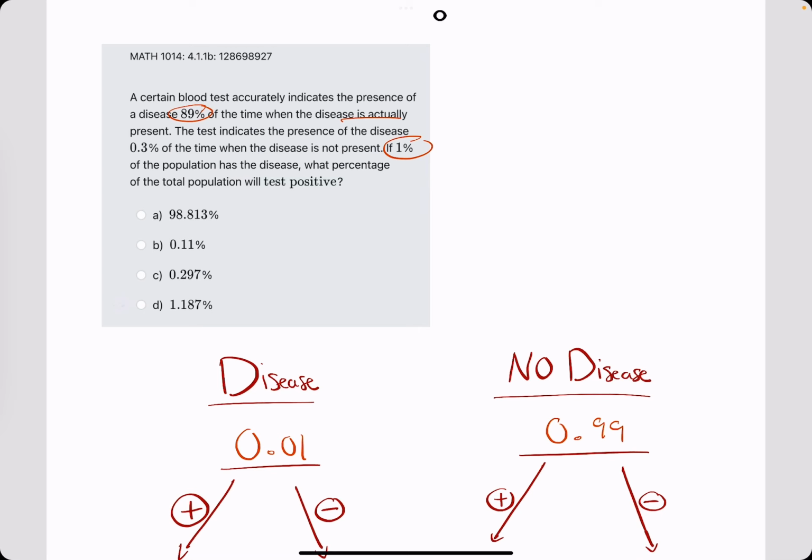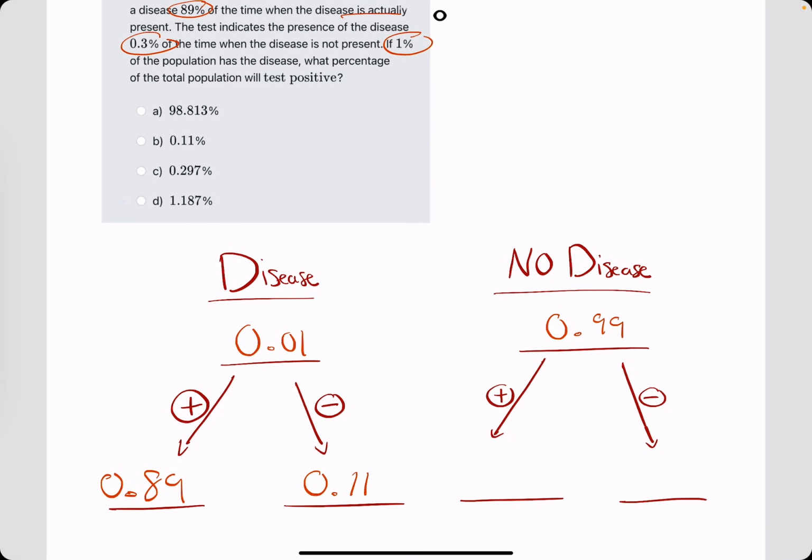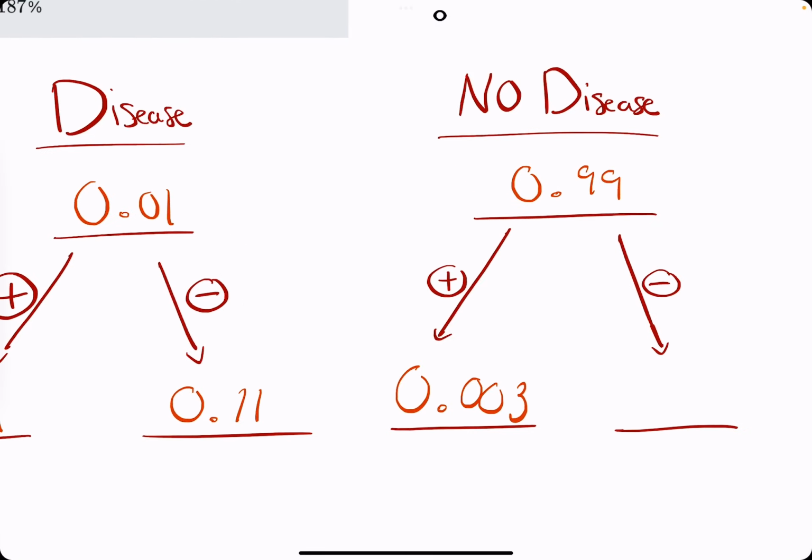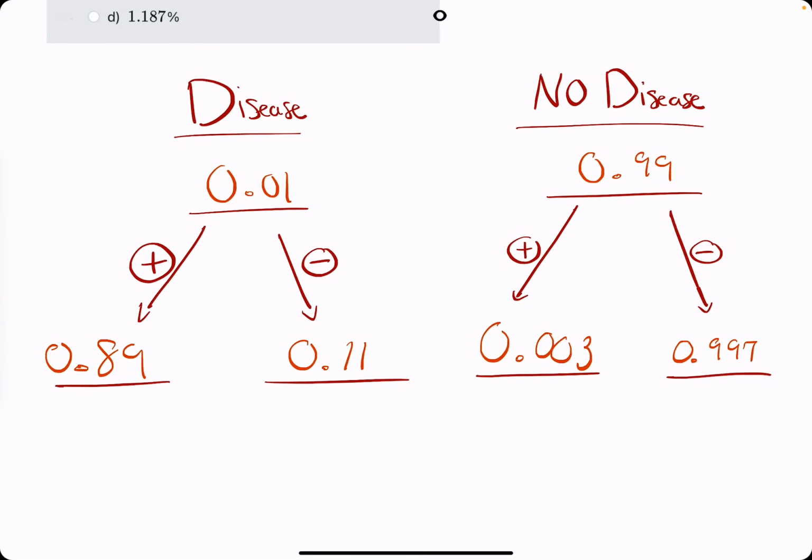The test indicates the presence 0.3% of the time when it's not present. So of the people that actually do not have the disease, 0.003 or 0.3% of them will test positively. And that means that 99.7% of them will test truly negative, okay?